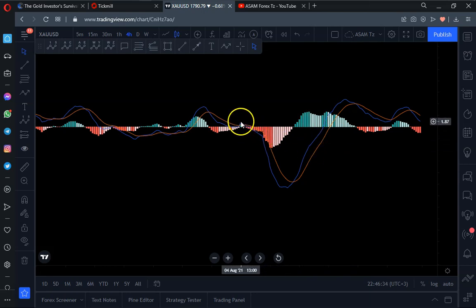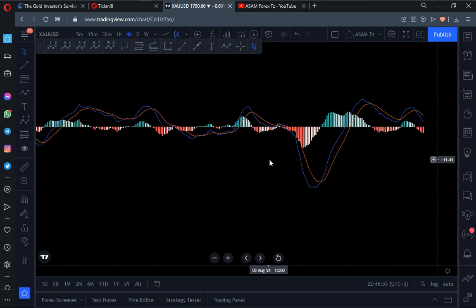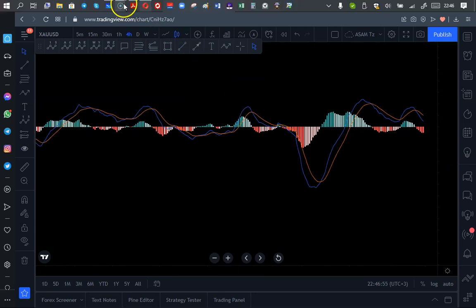And when the MACD line crosses the signal line from the upside to the downside, in order for you to take a sell trade, the MACD line and signal line must already be below the zero line. That is a principle and you have to observe it. So that's how things go.